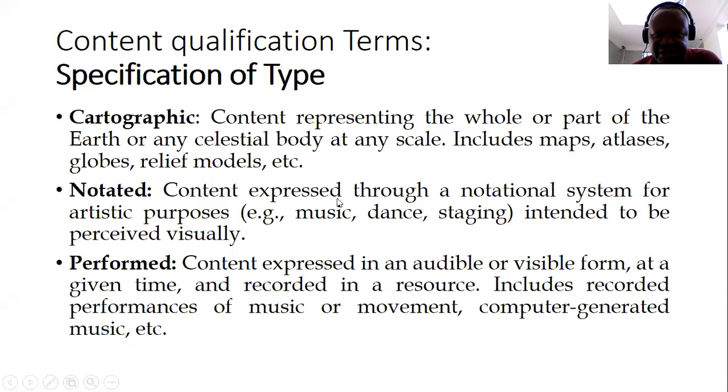This is content expressed through a notational system for artistic purposes, e.g. music, dance, staging, intended to be perceived visually. So what is the meaning of notated? This refers to materials where we are dealing with music, dance, or staging.